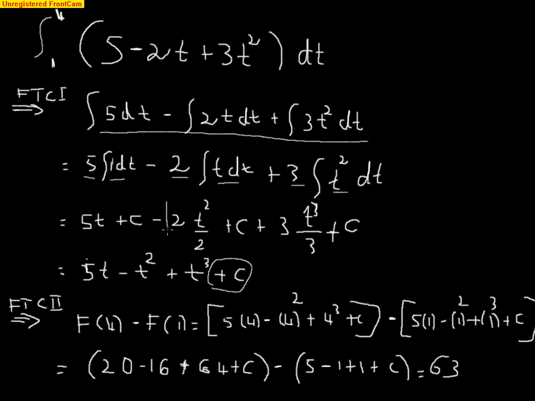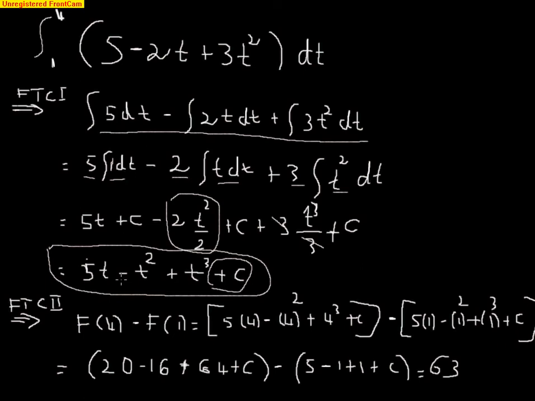And in this expression right here, we would cancel out the 2, so we get negative t squared, and plus we cancel out the 3, so we get t cubed right here. And now we have the function which we can use by the fundamental theorem of calculus part 2. This is the indefinite integral function.